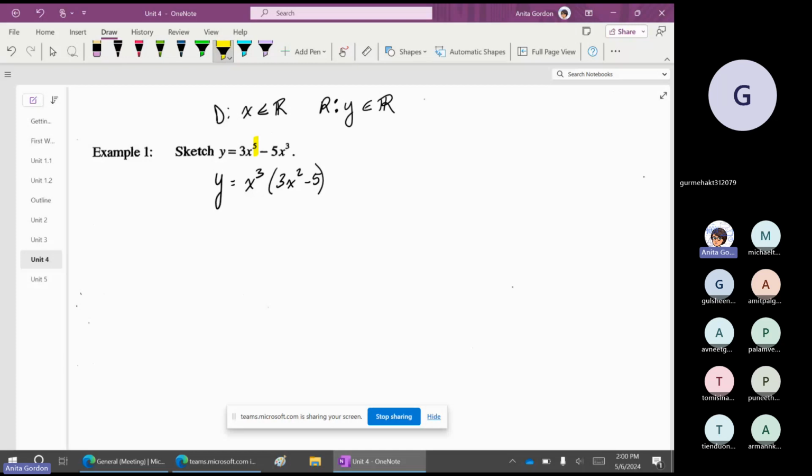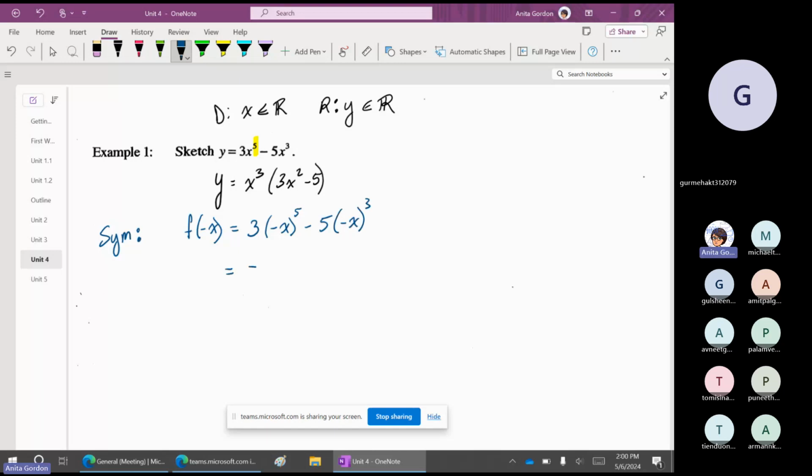We can test to see if it's truly an odd function, a symmetric odd function, by looking at symmetry. Let's say we put in f of negative x. 3 times negative x to the 5th minus 5 times negative x to the 3rd.